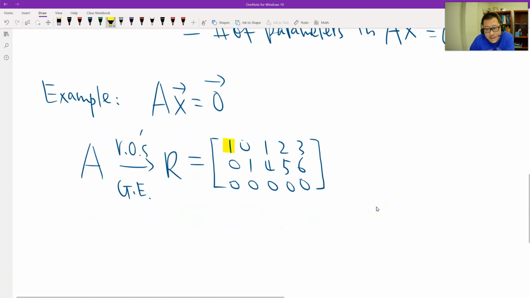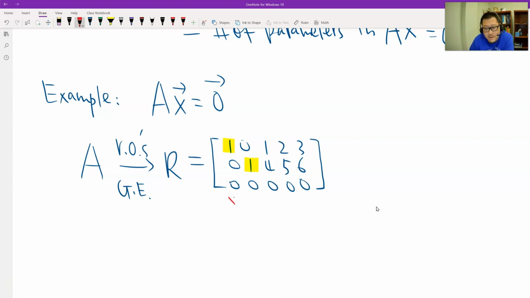Now we have this leading one and this leading one, right? So two leading ones. The original system has 5 columns, so 5 variables, and 3 equations. So now we look at the two leading ones.